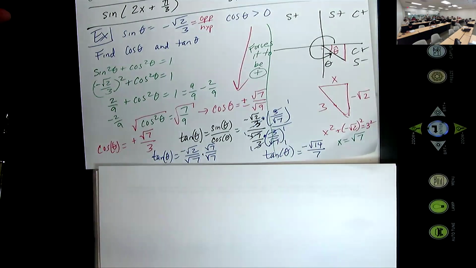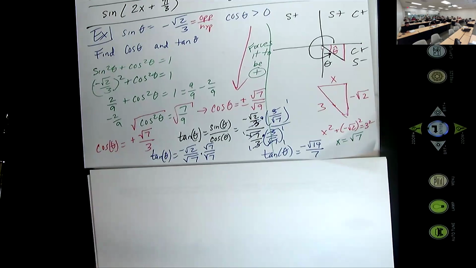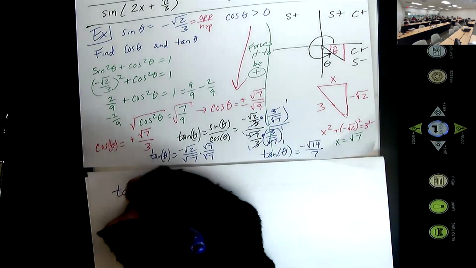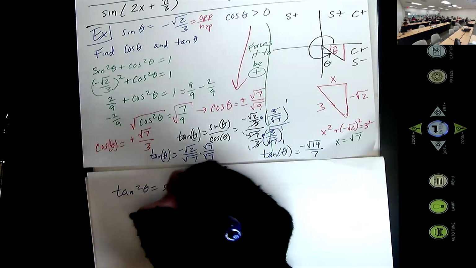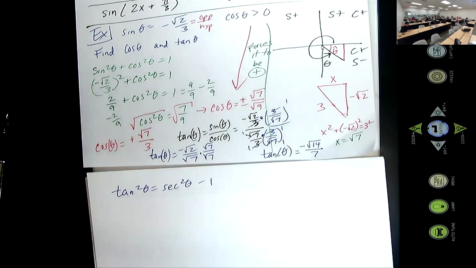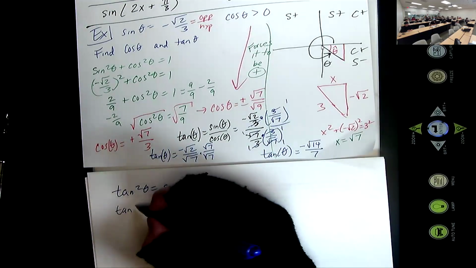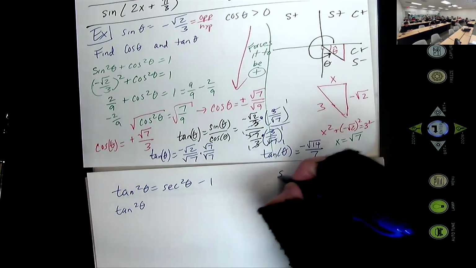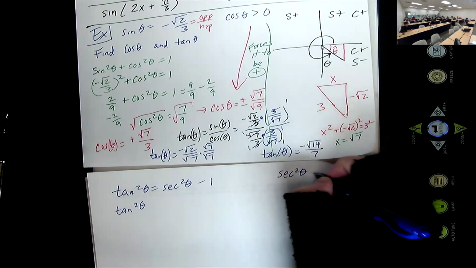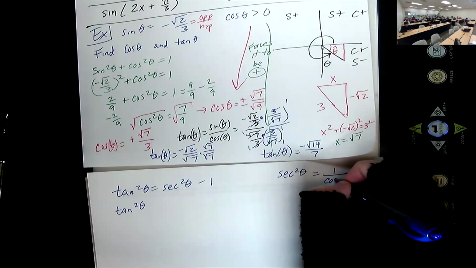There's another way I could have gotten it. We said tangent squared theta equals secant squared theta minus 1. But secant squared theta is just 1 over cosine squared theta.